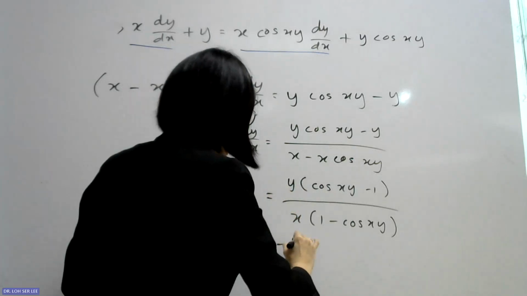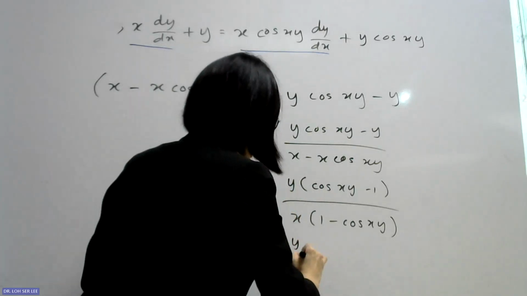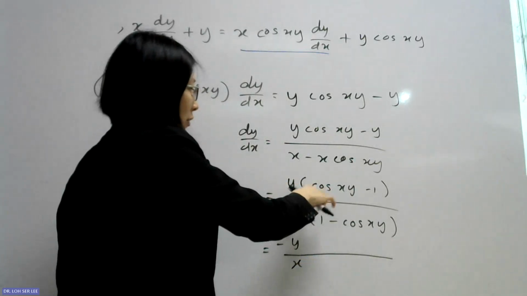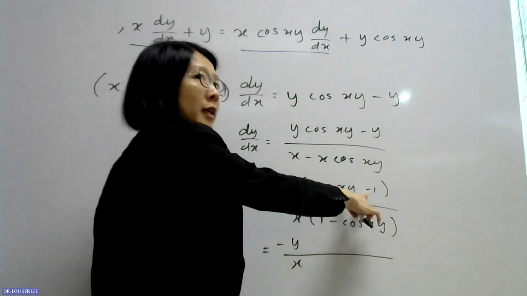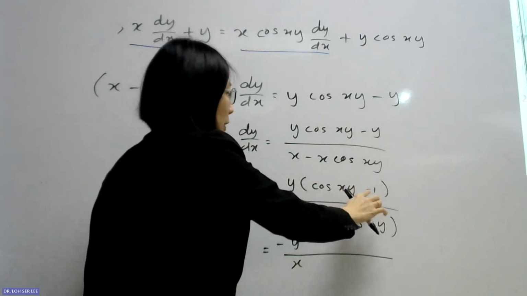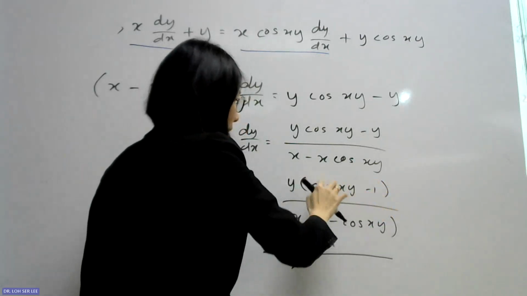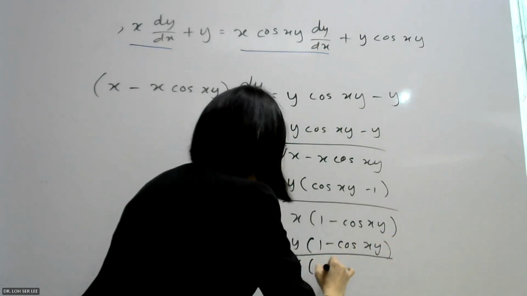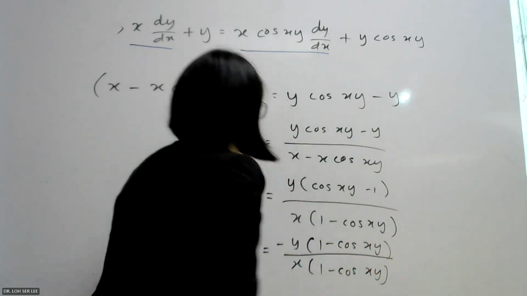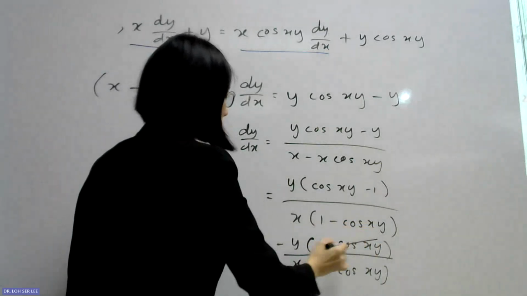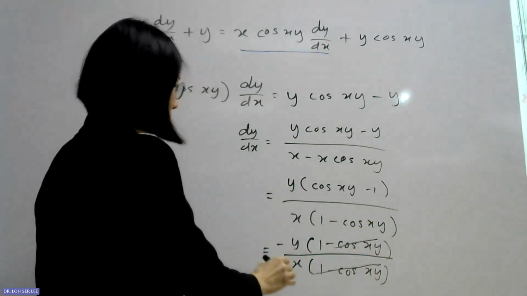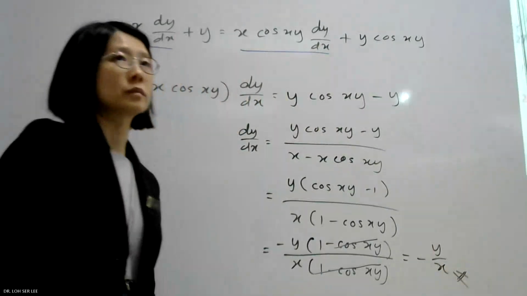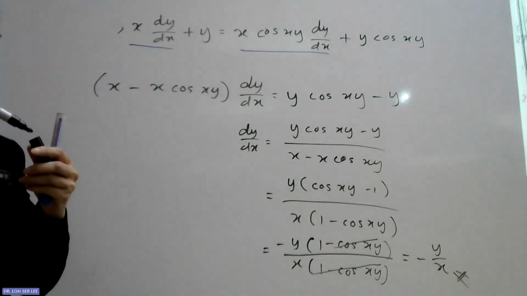So negative y over x. When you factorize the negative, this will be negative, this will be positive. Then it will be the same when you cancel out these two, so you get negative y over x.